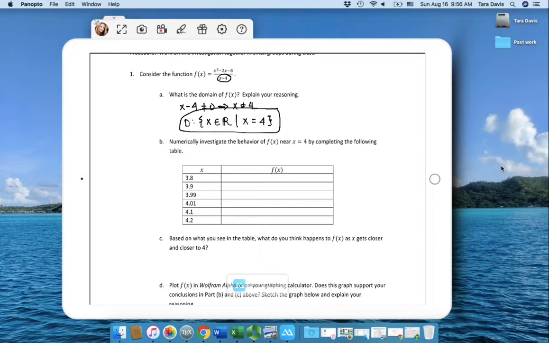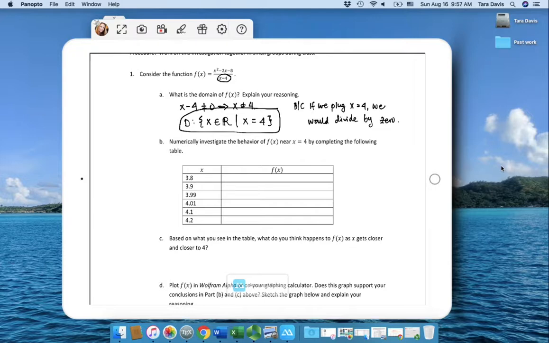And we can go even further, if we plug in 4, we would divide by 0. Okay, so that's the domain of this function.